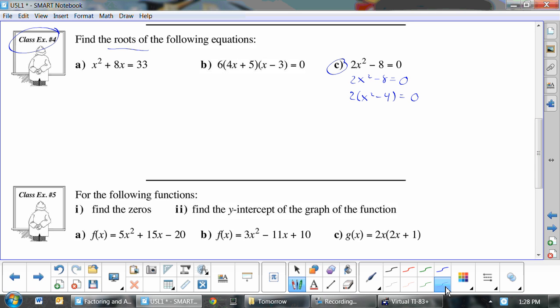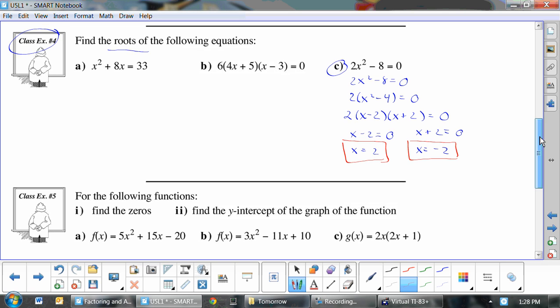Thank you. And then just like with the previous unit, you can go, okay, x minus 2 is equal to 0, x is equal to 2, and x plus 2 is equal to 0, x is equal to negative 2. Perfect. And then we know that our two roots are x is equal to 2 and x is equal to minus 2.